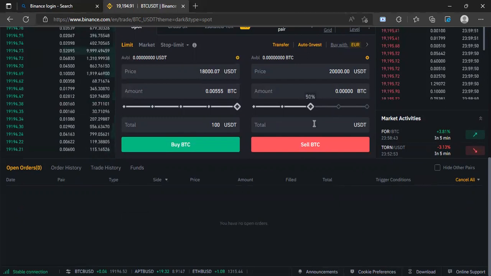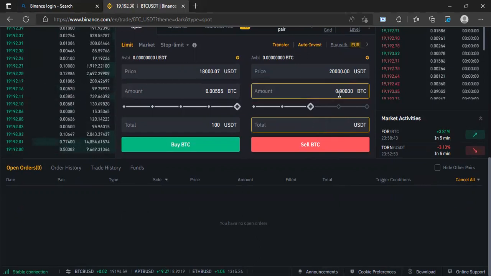Below that, it should give you an amount. It's not showing it because there is no USDT on the account.